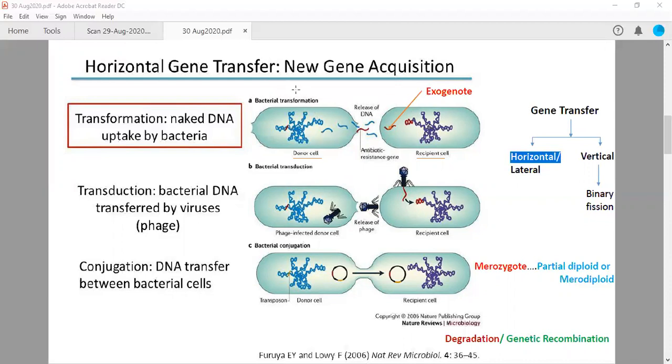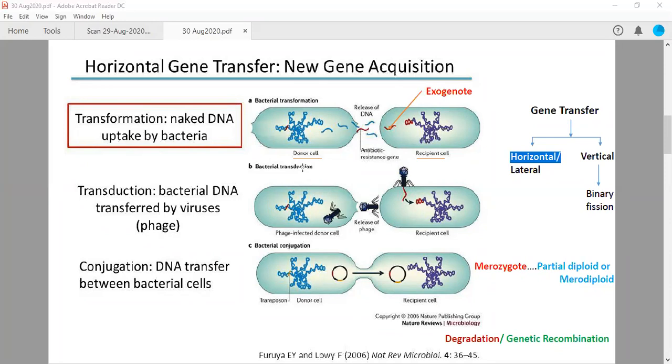In transformation, the bacterial cell is dead and, after lysis, it releases its DNA into the environment, which can be fragmented, and these fragments can be taken up by some other recipient bacterial cell.